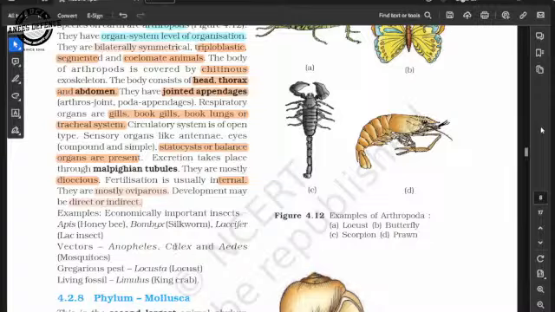Culex mosquito is carrier for filarial. Aedes aegypti is for dengue. Please note down, Limulus is also known as king crab or living fossil.